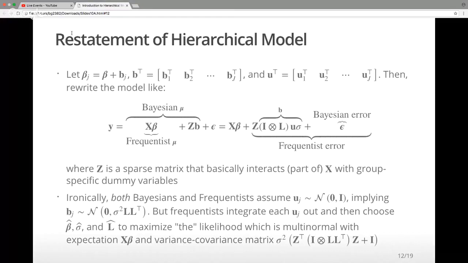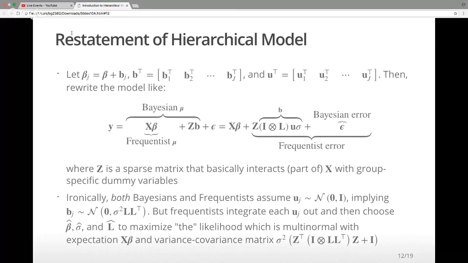So both Bayesians and frequentists are making the same assumptions about each of these U vectors, but frequentists are integrating the U's out of the likelihood, and then they choose the real parameters, or estimates of the real parameters, beta, sigma, and L, to maximize their likelihood function, which is going to be multivariate normal of size n.